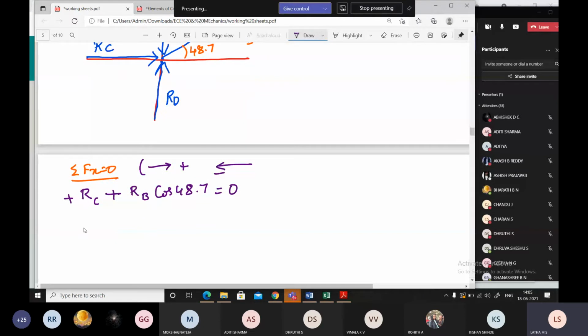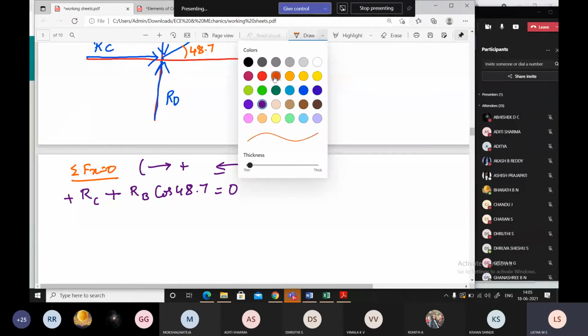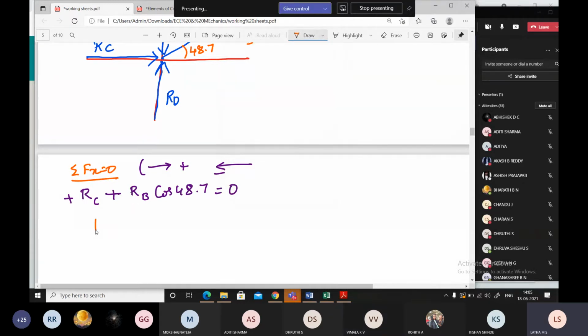What's the next I should use? Do I have any known value here? I don't have RB, I don't have RC. Do I have RB? Yes, ma'am. What is the RB value? 666.5, ma'am. Plus RC plus 666.5 cos 48.7 is equal to 0.